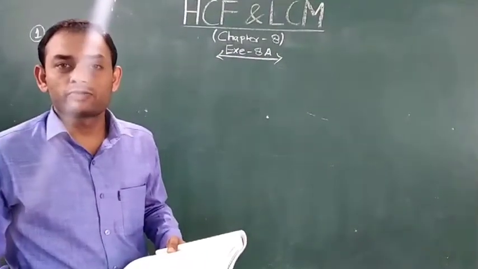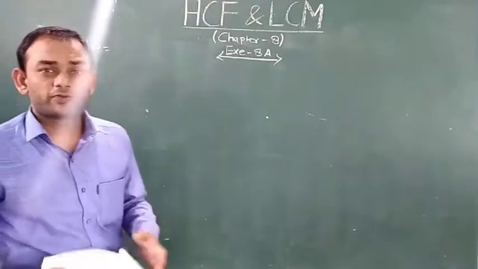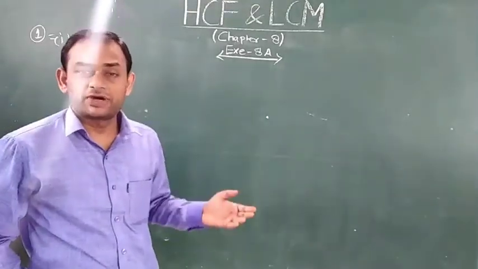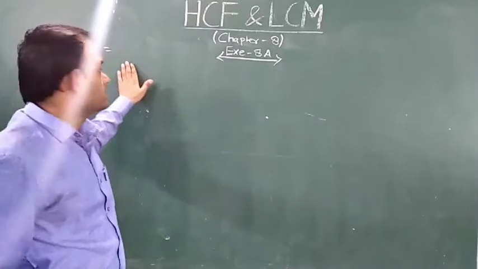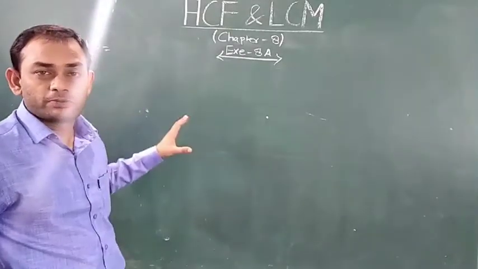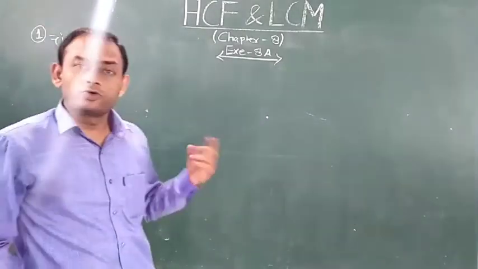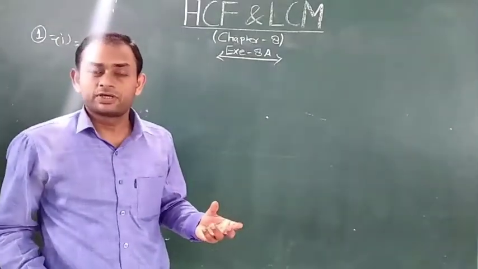I told you what factors are: the numbers which divide the given number. Now this number is given and we have to find those numbers which divide 15 exactly. So those numbers will be called the factors of this.